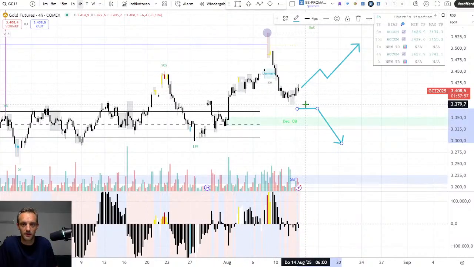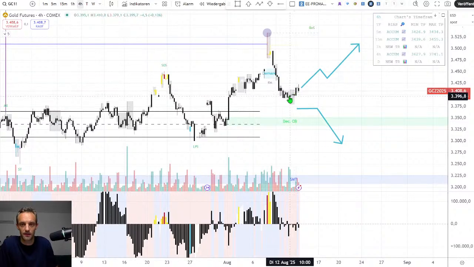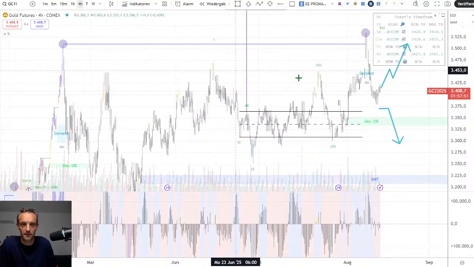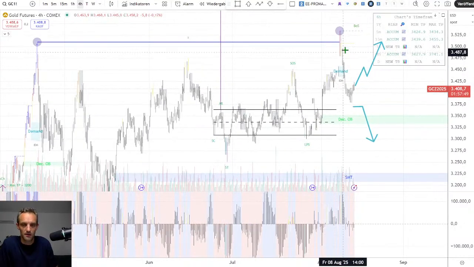So this is a two-sided market, I would say. It can also reverse, and this is the most difficult thing. We see a lot of activity at the all-time highs. Is this now a trap and buyers will be exhausted here?